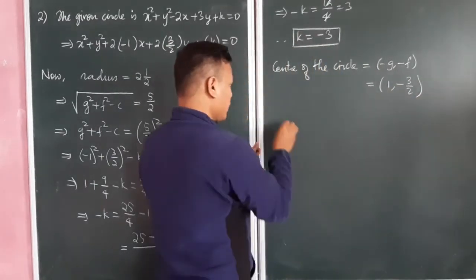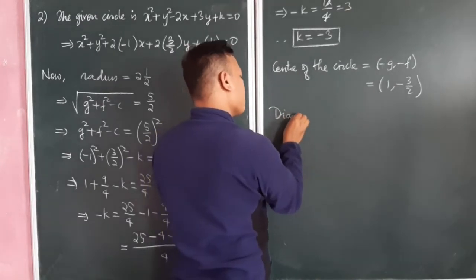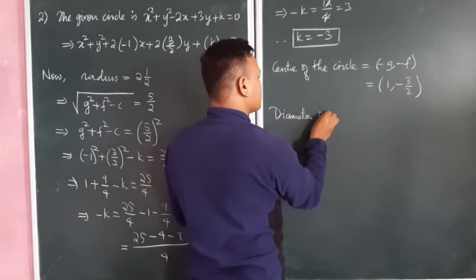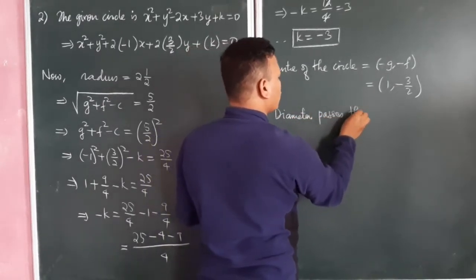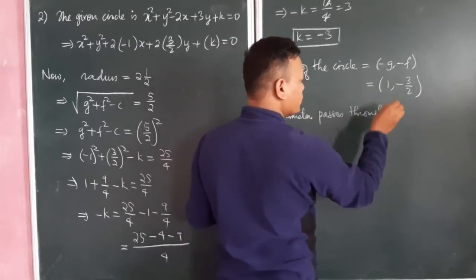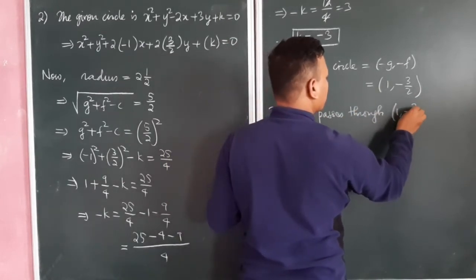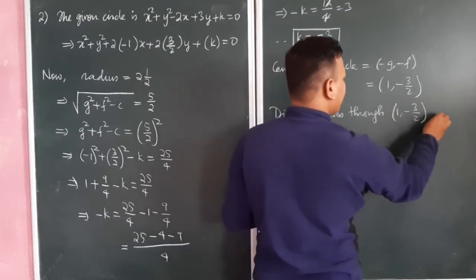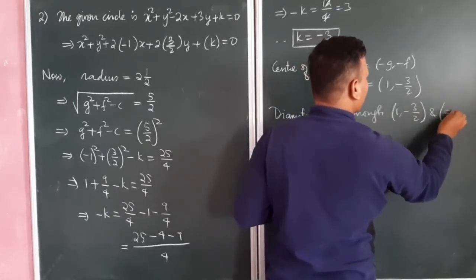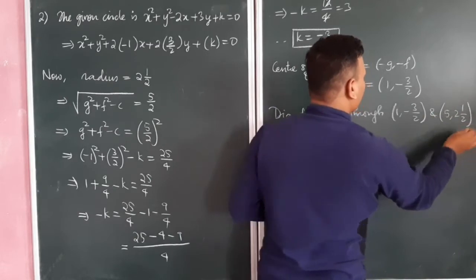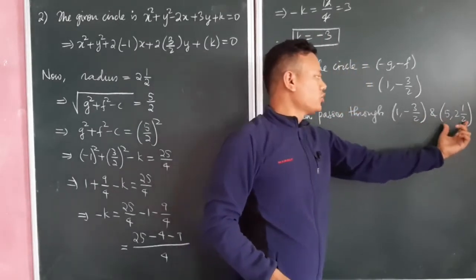So the diameter passes through 2 points, that is 1 comma minus 3 by 2, that is the center, and the other point is 5 comma 2 and a half. So you have got x1 y1, you have got x2 y2.